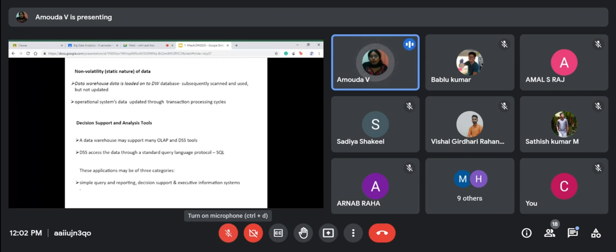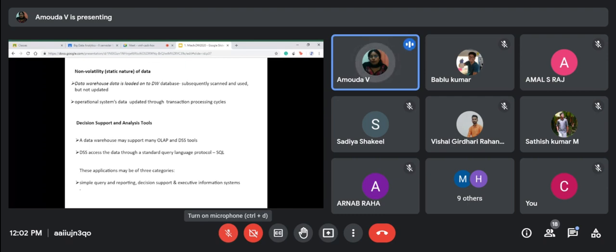They will maintain a standard query language for the database access and retrieval. You should use SQL. And the applications in the database are simple query, reporting, decision support. This comes under the decision support analysis too.